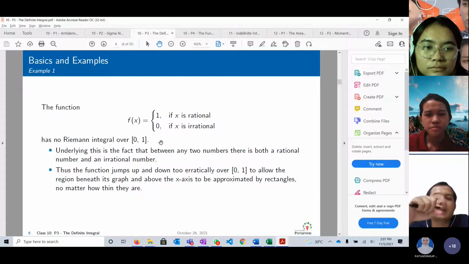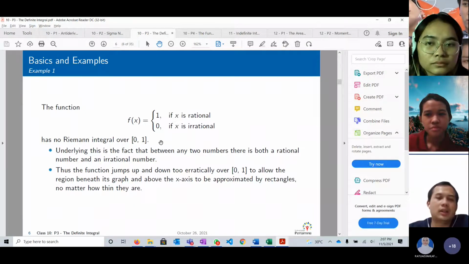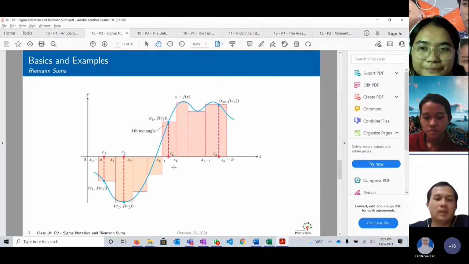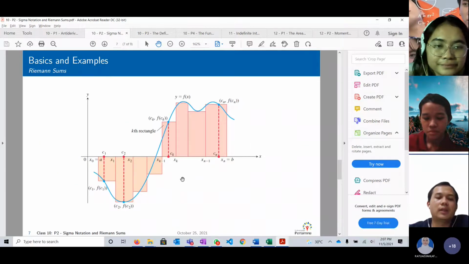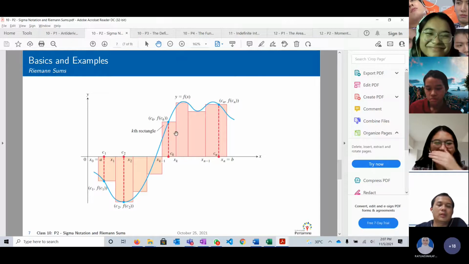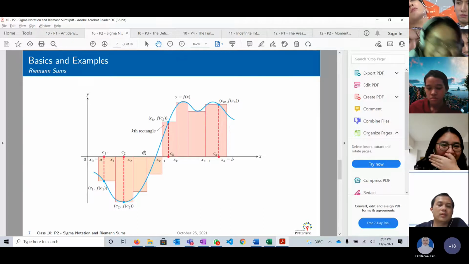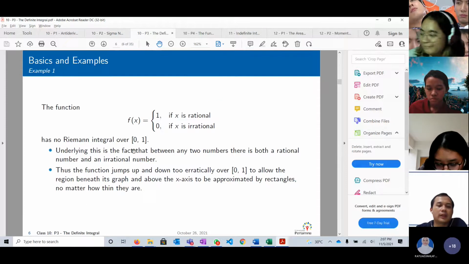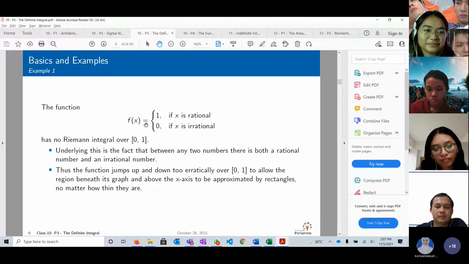So in the Riemann integral, we cannot really make this kind of squares, this kind of partitions. That's why we cannot have the integral if the function is like this.